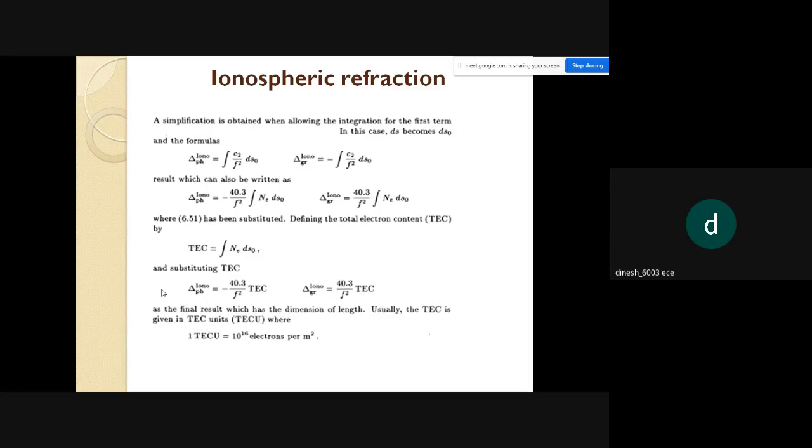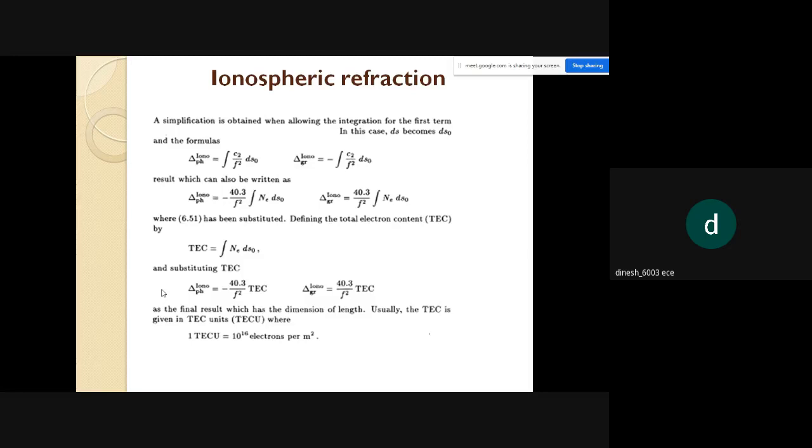TEC is your total electron content along this path. So I can write the equation. Ionospheric refraction due to phase velocity is minus 40.3 divided by f squared times TEC, and for group velocity it is 40.3 divided by f squared times TEC.